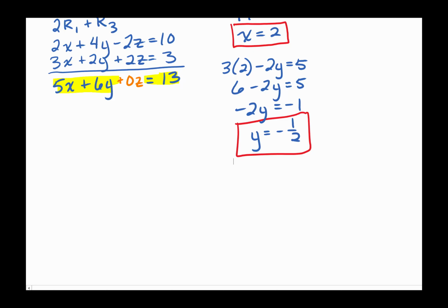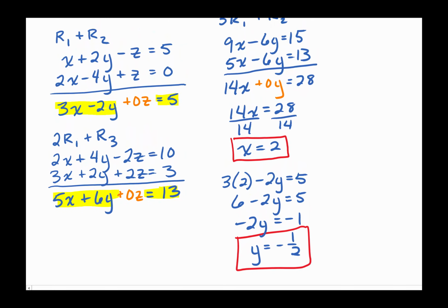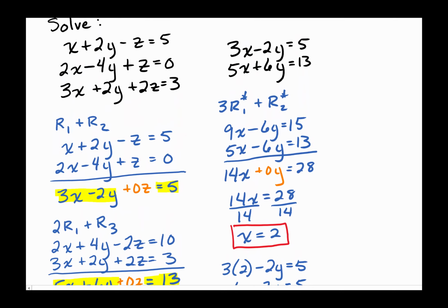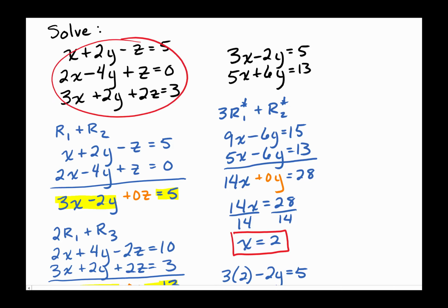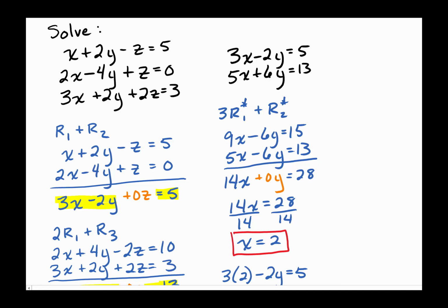So we know what x has to be, we know what y has to be. All that's left is to figure out what z has to be. And so we're going to take the two values that we have, x equals 2 and y equals 1/2, and plug them into one of these. So let's just plug them into the top equation in order to figure out what z needs to be. Let's write down our equation. x plus 2y minus z equals 5. x is 2.